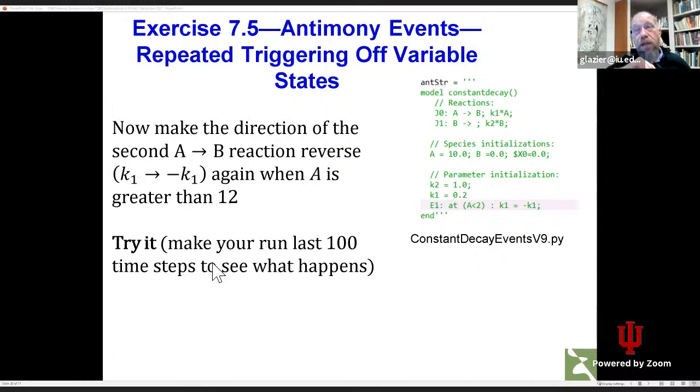But suppose that when A is greater than 12, K1 switches sign again. So what I'd like people to do now is add one line to your simulation, which says that when A is bigger than 12, K1 goes to minus K1. Why don't everybody try that and see what we get?